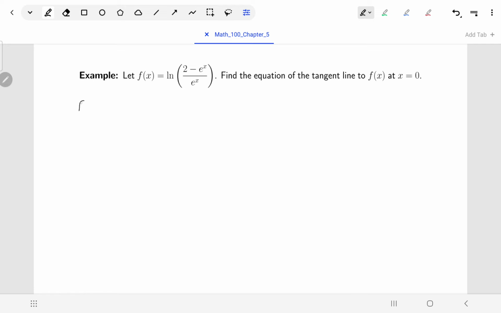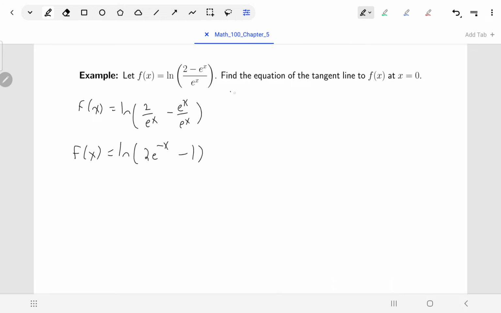So one way might be if I were to think about splitting this up into two fractions inside, 2 over e to the x and minus e to the x over e to the x. And that at least makes it a little bit less terrible for me. I'll have natural log of 2e to the negative x and then minus 1. That's maybe a little bit better.